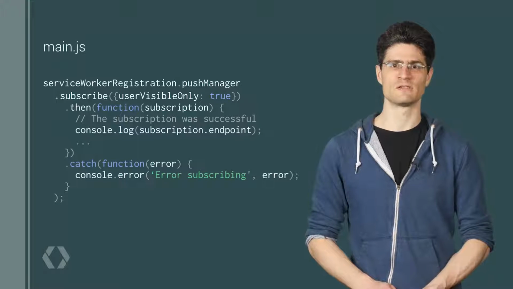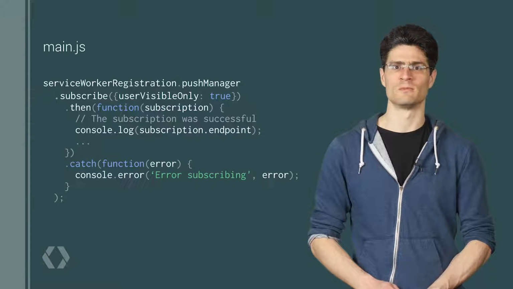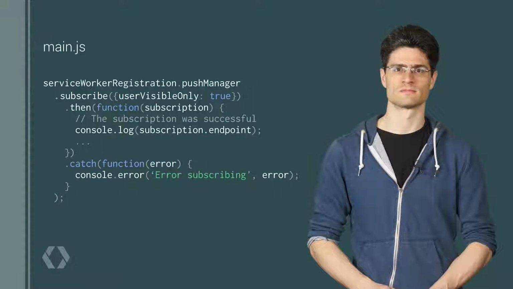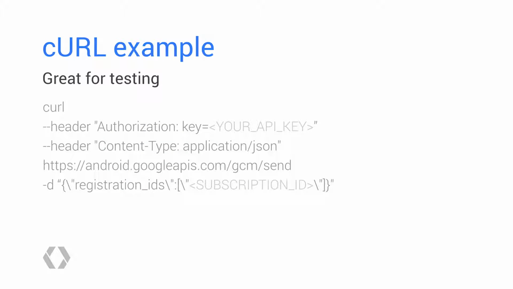If the user gives you permission, you will receive a subscription object, and you will need to send the endpoint variable to your server, as this will be needed to send a push message. Time to send a push message. Now that you have registered with the push service and have an endpoint, you simply need to call this endpoint from your application server. Here, we'll look at a simple curl command, but you'll need to implement this in your chosen server language.